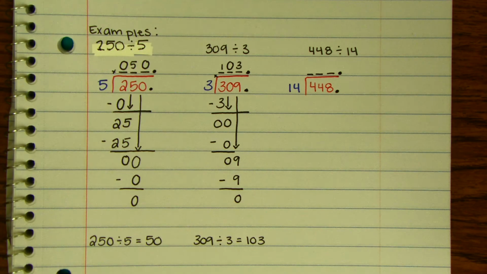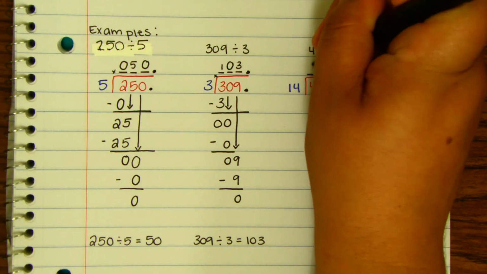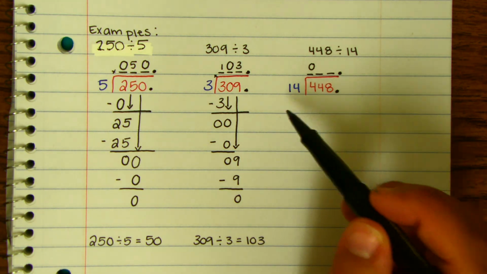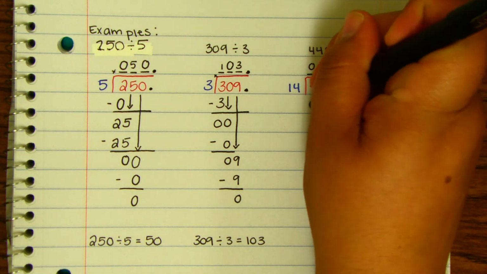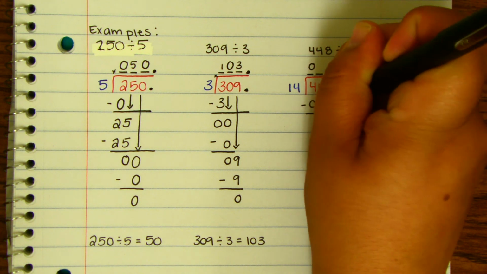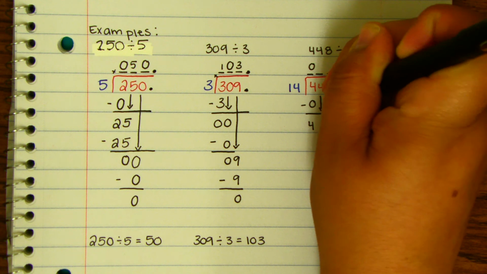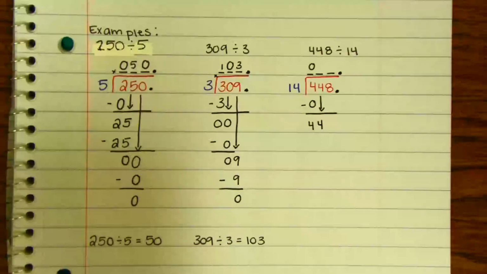Since 4 is smaller than 14, I know that there is no number I can multiply by to get that. So the number I have to put above is 0, because I need to work in the next place value. So 0 times 14 is 0. 4 minus 0 is 4. And I have to bring down my next place value to start working.